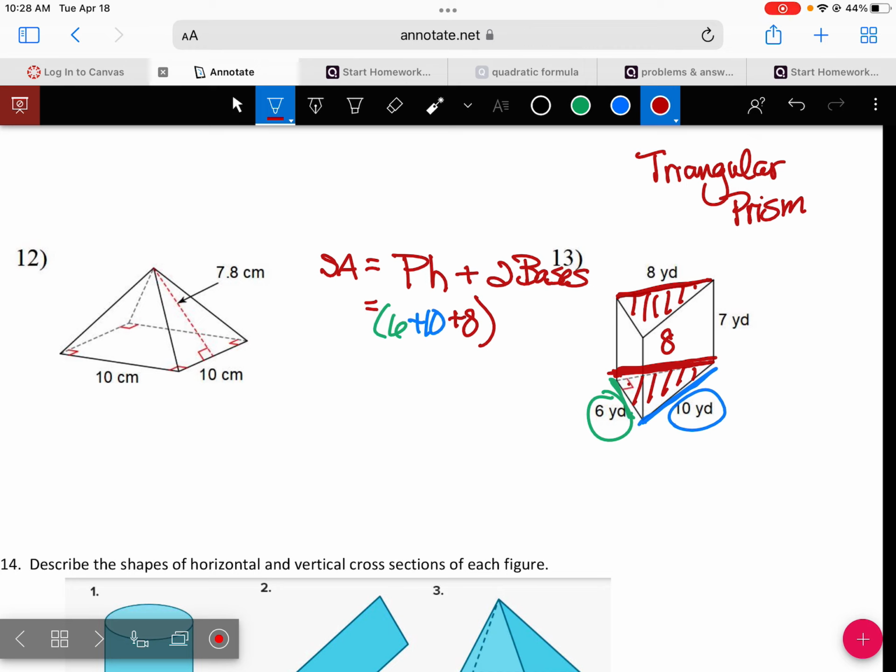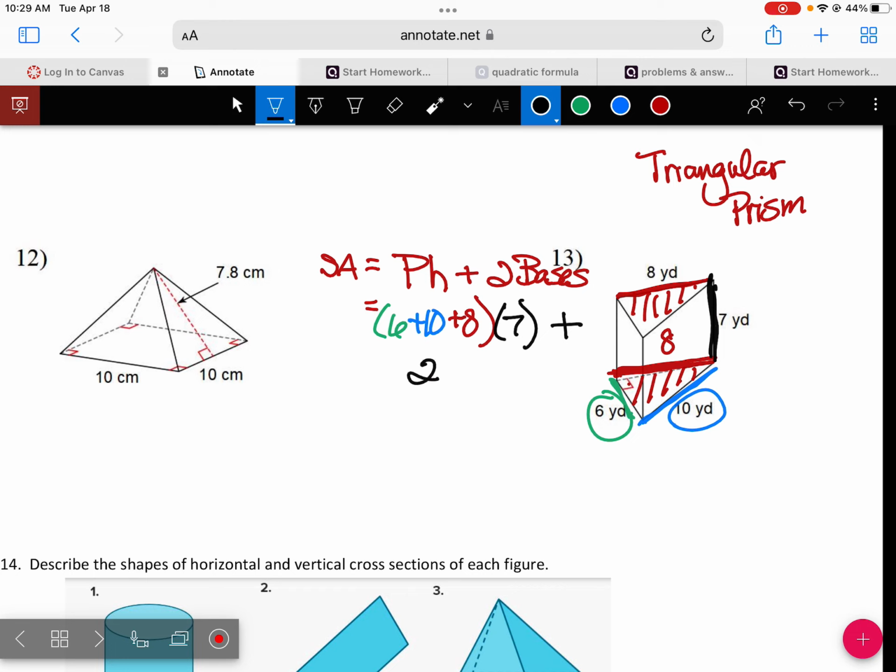All right, so that is the perimeter. That is the perimeter times the height of the prism, the distance between your two bases, which is 7.